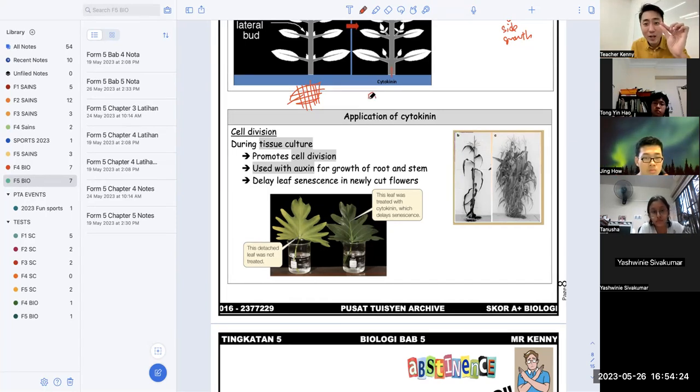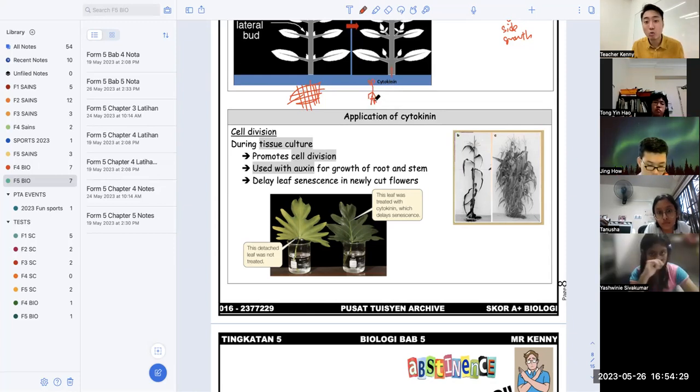This small piece is able to start to grow roots and shoots. It's not possible naturally. This is a human-made method called tissue culture. I make them continue to divide and grow roots and shoots.